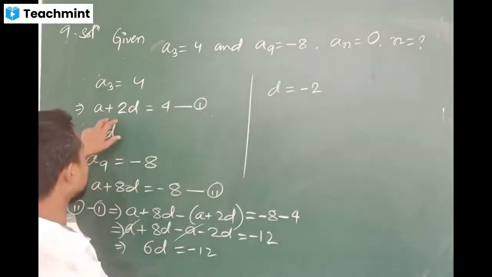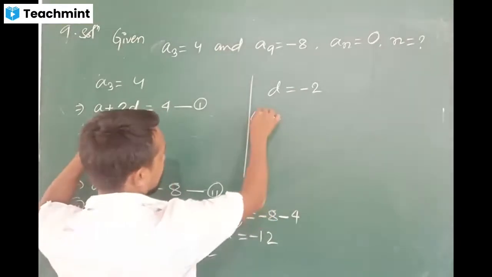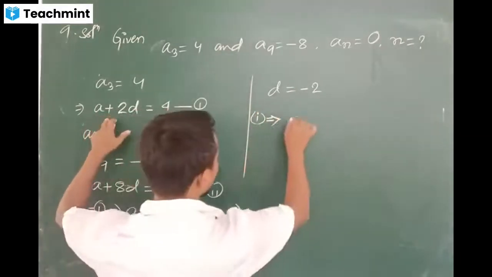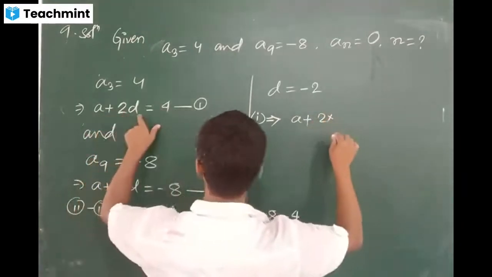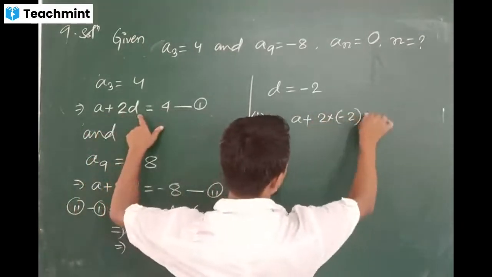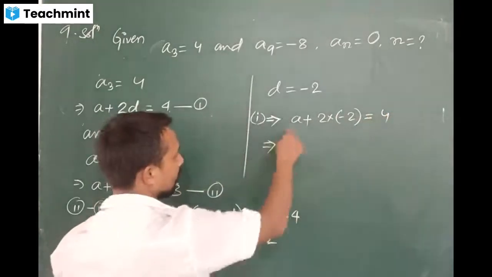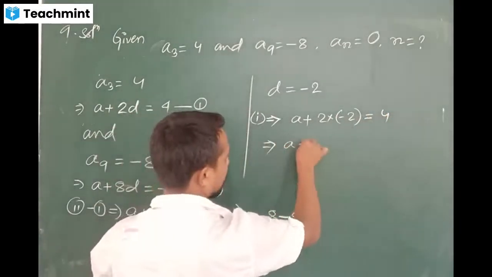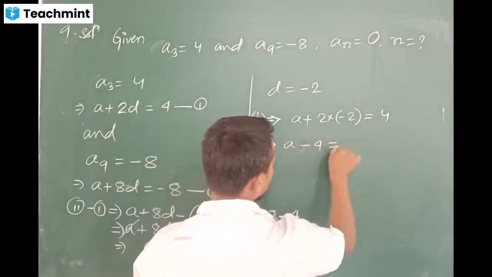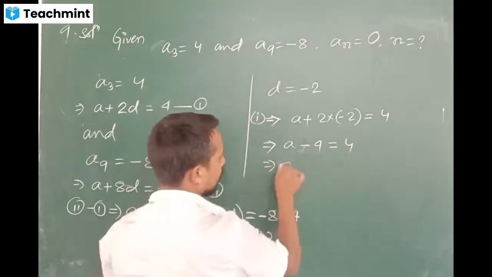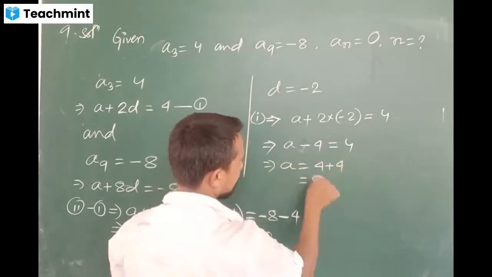We can put this in equation 1: A plus 2 into the D value, we have minus 2, equal to 4. A plus, this is minus 4, equal to 4, or A equals 4 plus 4, this is 8.